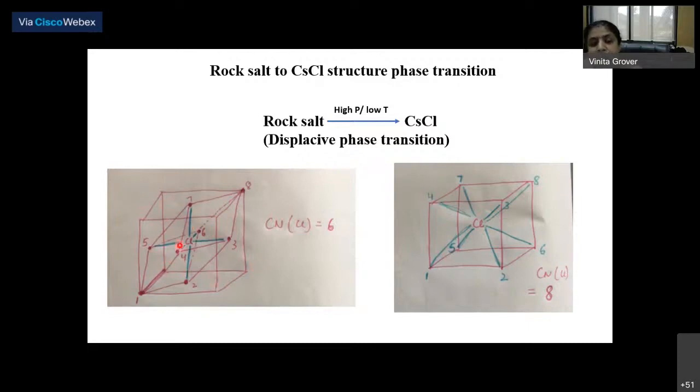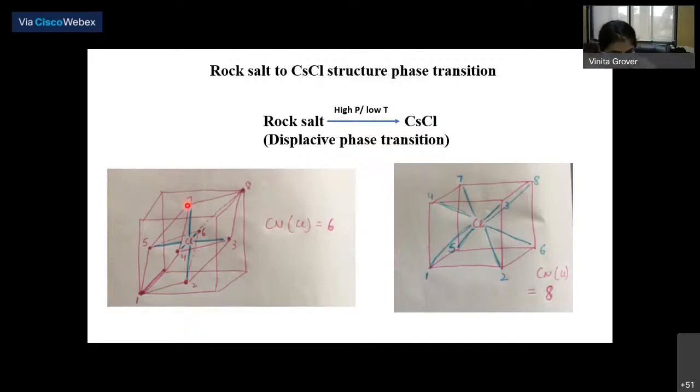I am only drawing the dots which I need to make you understand this phase transition. But you must understand that these dots are sodium and they are present at all the corners and face centers. And your chlorine are present at all the edge centers and the body center.